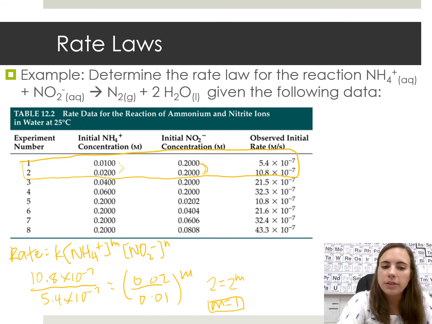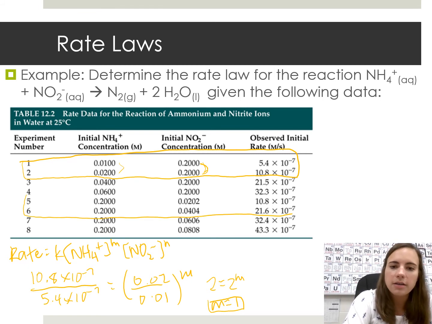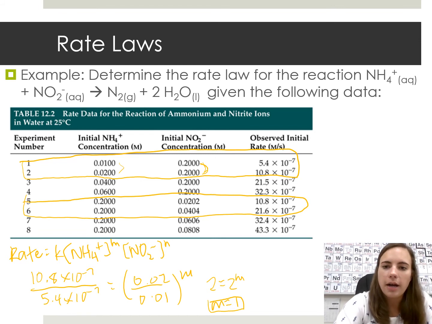So now I'm going to do the same thing for the nitrite. I'm going to find somewhere, and if I look at trials 5 and 6, ammonia stayed the same, but nitrite changed. So 21.6 times 10 to the negative 7 divided by 10.8 times 10 to the negative 7 equals 0.0404 divided by 0.0202 raised to its order.